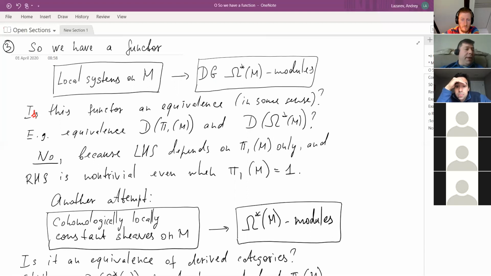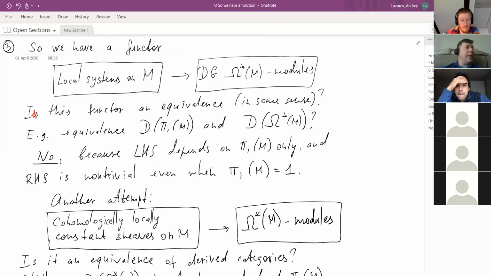So maybe a better question would be to take derived categories on both sides and ask whether this is an equivalence of triangulated categories. Certainly, there is a well-defined and nice derived category of representations of the fundamental group of M. And similarly, we could consider the derived category of any differential graded algebra, such as the de Rham algebra of M, and that again will be a triangulated category.